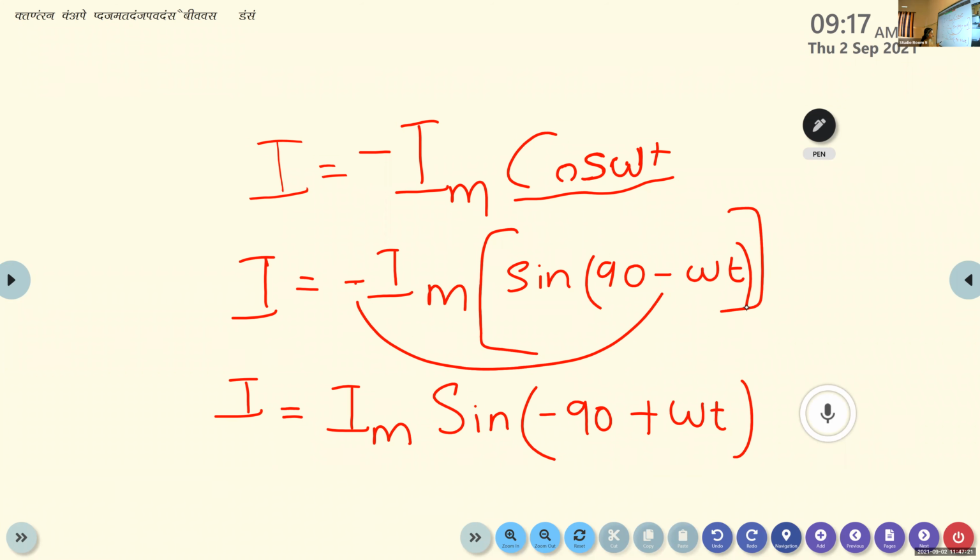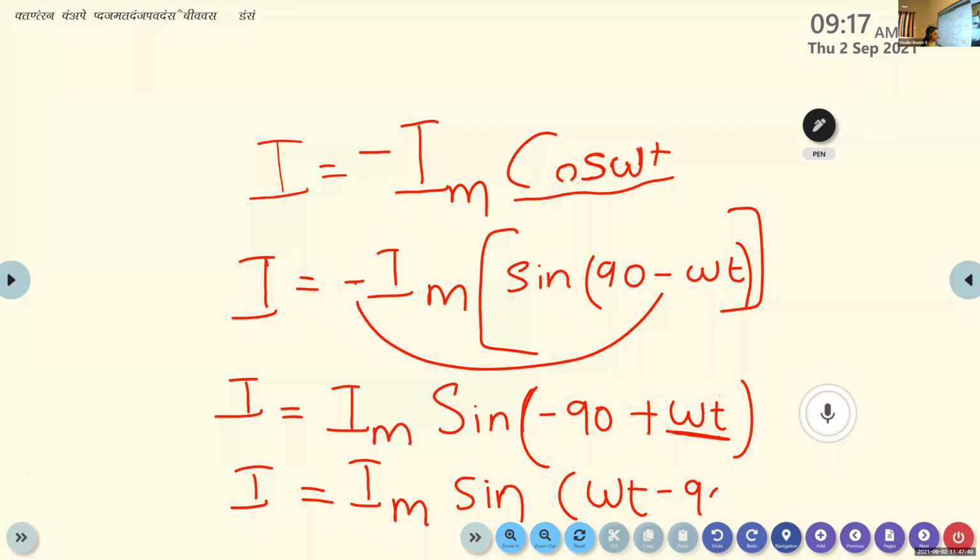Or we can write I is equal to Im sin, just to rearrange it, I is equal to Im sin minus 90 plus omega t. In the next step, we take this positive value first.